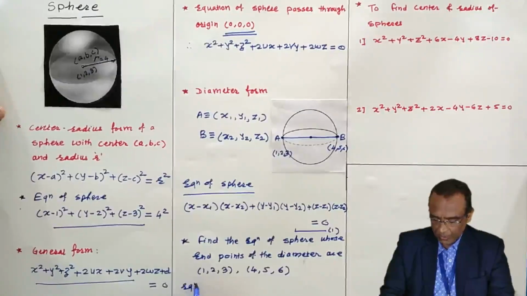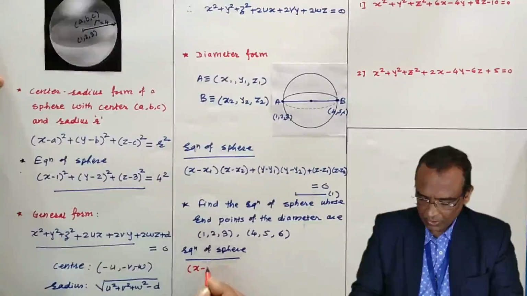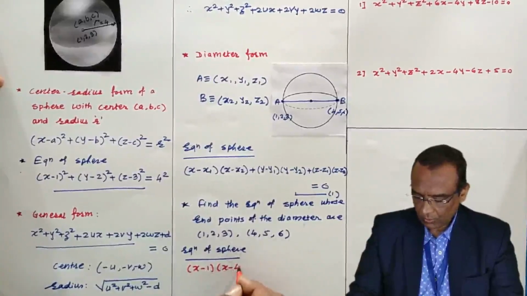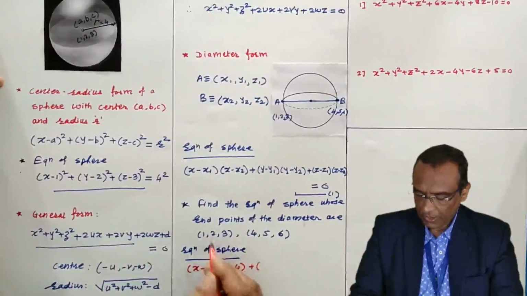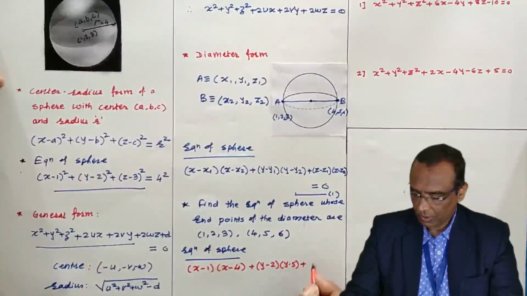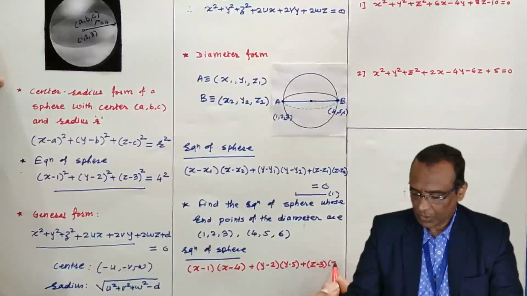Then the equation of the sphere will be (x minus x1)(x minus x2) plus (y minus y1)(y minus y2) plus (z minus z1)(z minus z2) equal to 0.